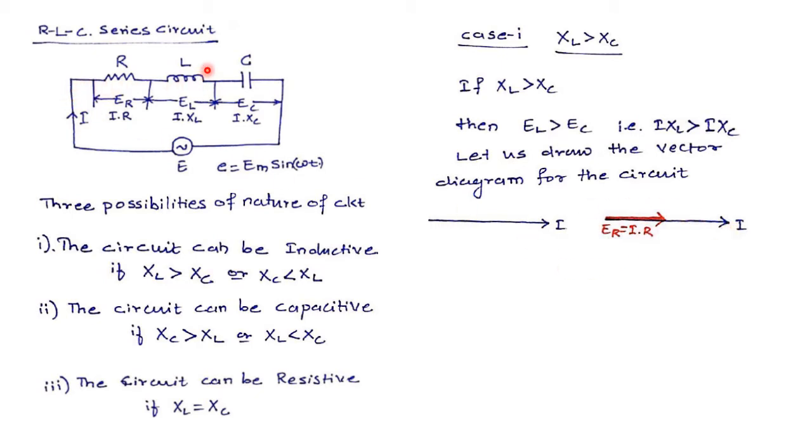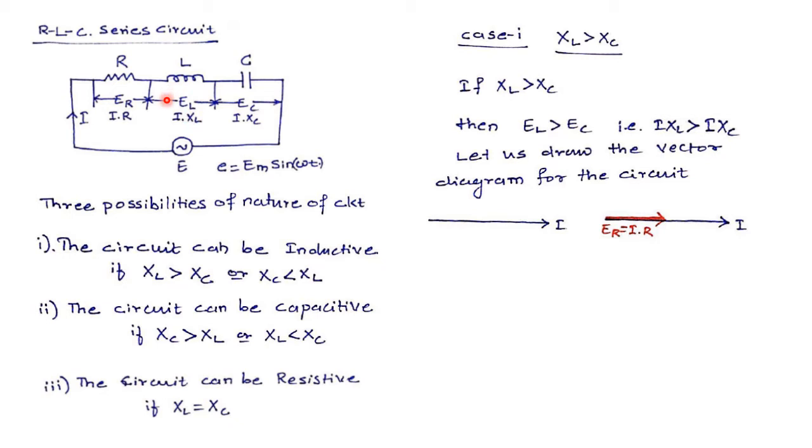Now coming to the inductive component, the same current I is flowing through inductance L, creating a voltage EL across it. Please remember, this EL is not a voltage drop, it is the self-induced EMF that is created across L, due to the alternating current creating the alternating flux in the inductance.